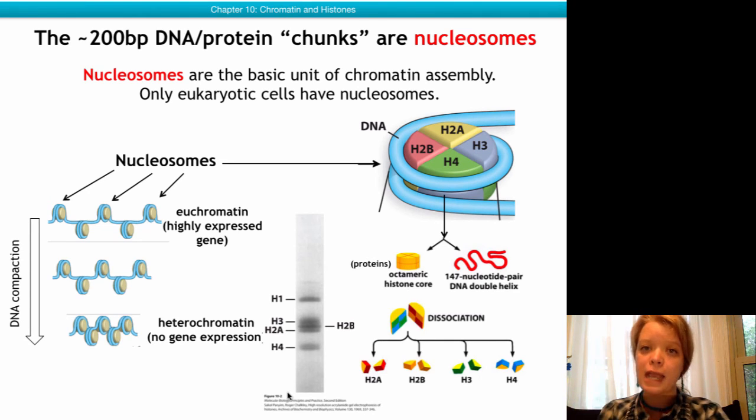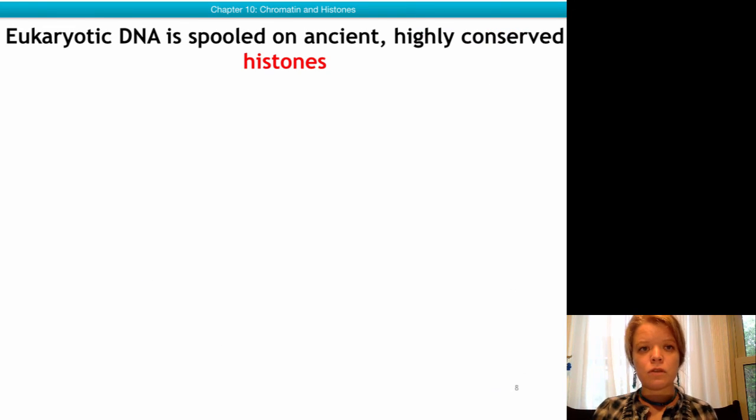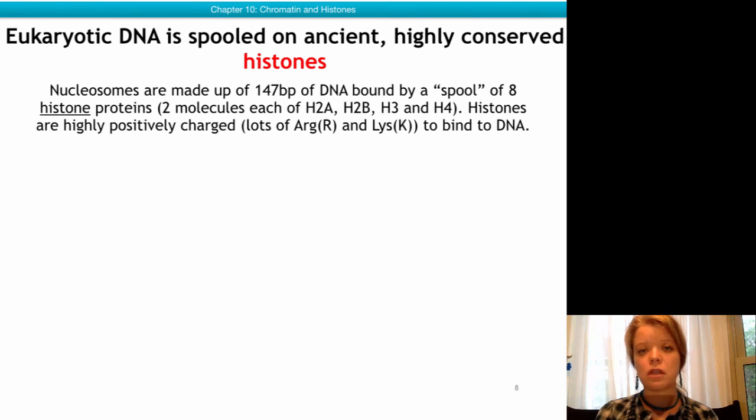Nucleosomes are DNA plus histone proteins, of which there are 8 and 4 kinds: 2A, 2B, 3, and 4. So let's look more at histones. All eukaryotic DNA is spooled on these histones. They're highly conserved, very ancient little proteins. Every single eukaryote known will have histones.